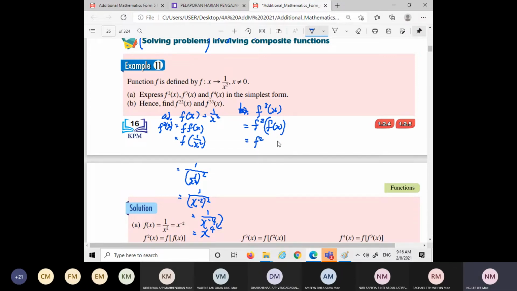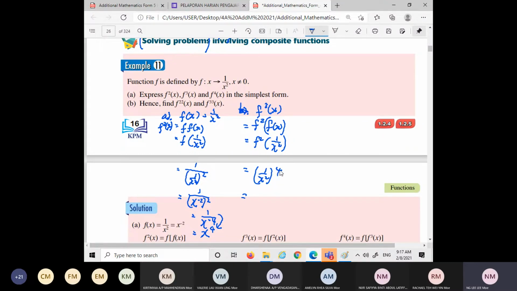Okay, f(x) is this. Now for f to the power 2, I refer back to what we did just now. For f to the power 2, the object is x, the image is x to the power 4, so the object to the power 4. Now this is the object, so it is this thing to the power 4.